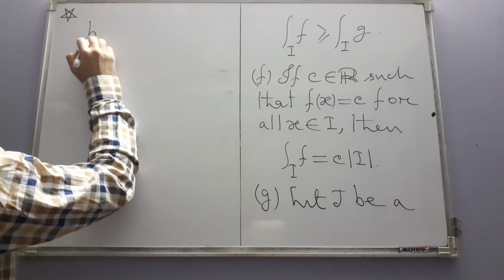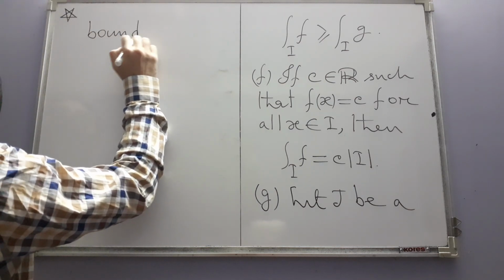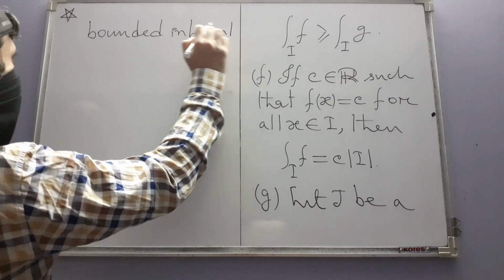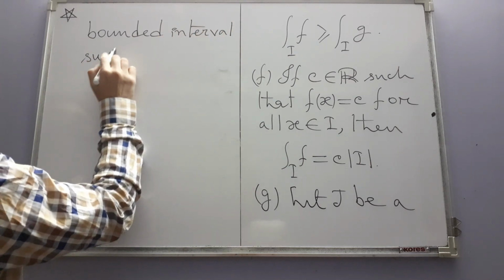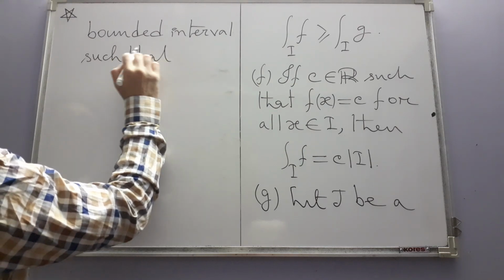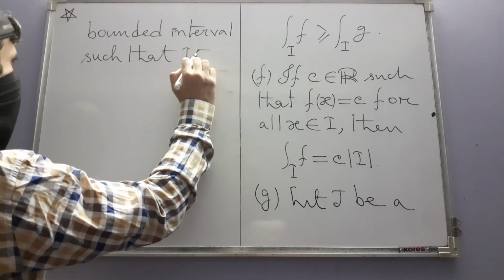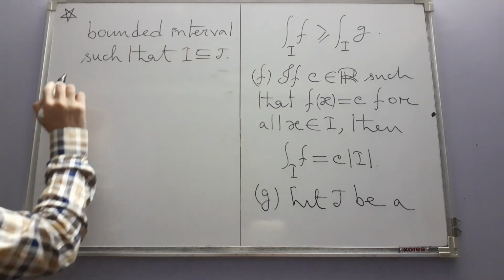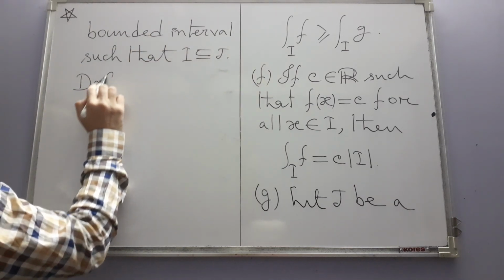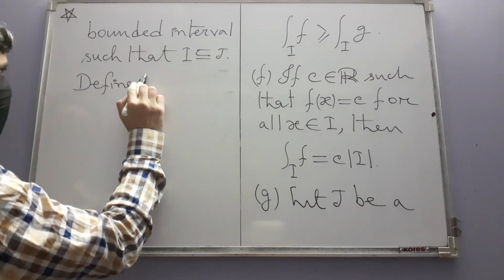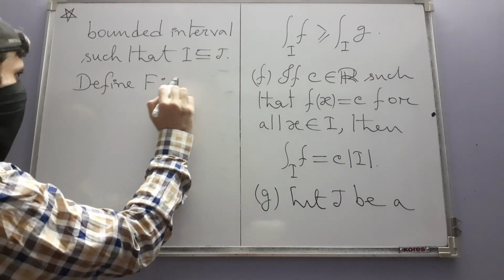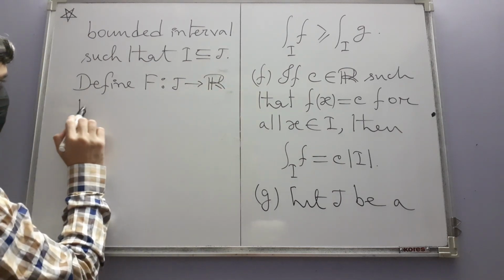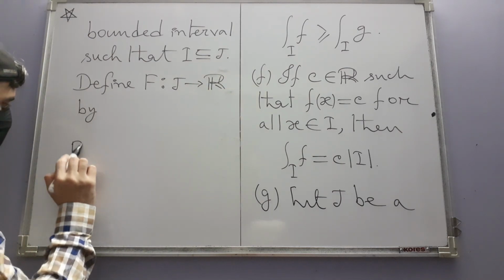Let J be a bounded interval such that I is a subset of J. Define a function capital F on J, real valued of course, by the following rule.